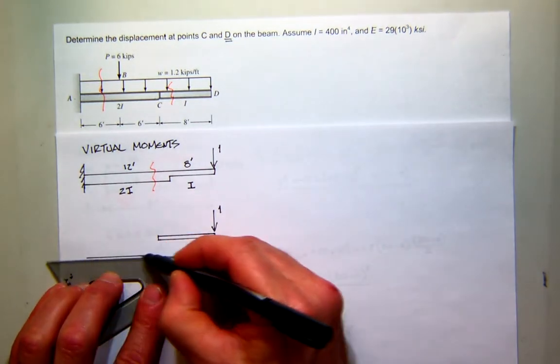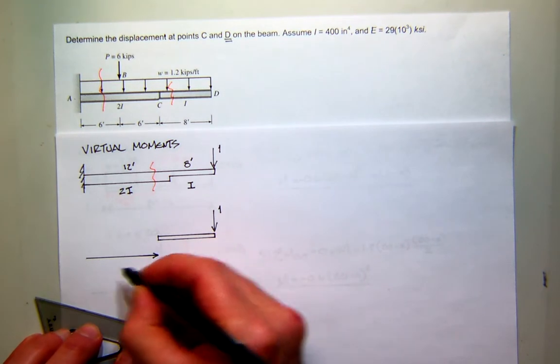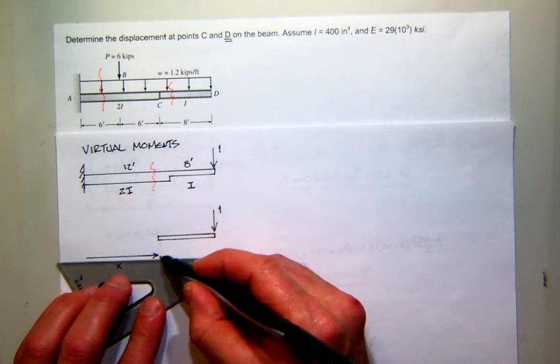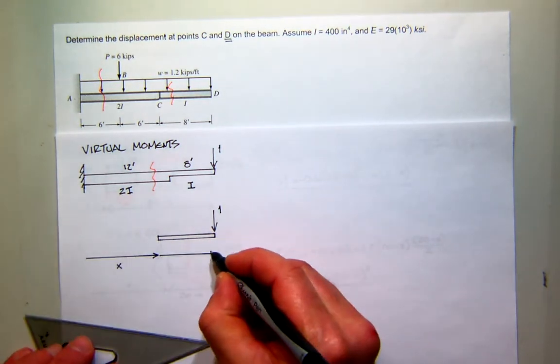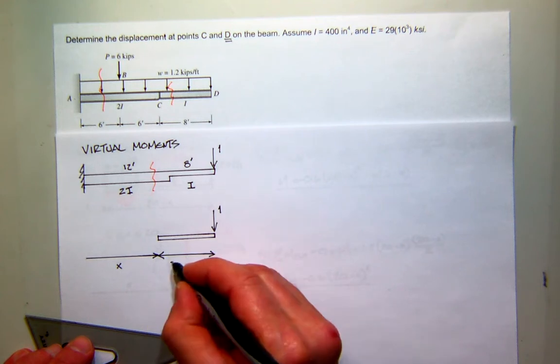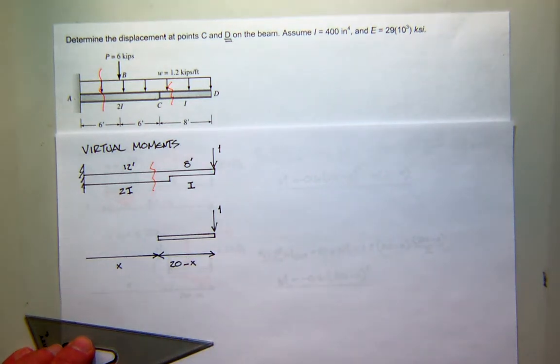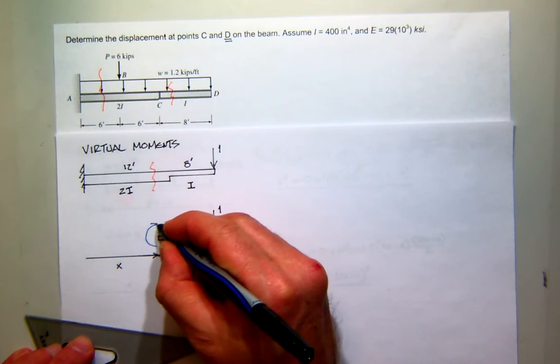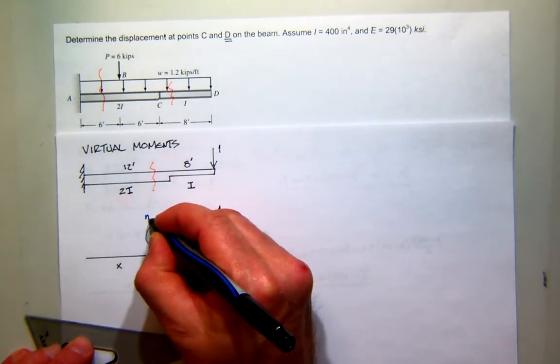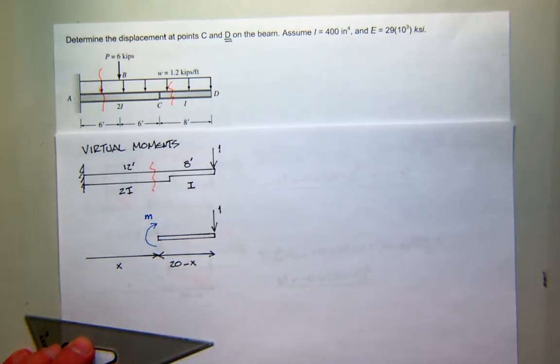And again, we'll measure out to the cut surface. That's our x. And then the remaining piece for any value of x would be the total length 20 minus that. And then I have my internal moment. Now remember, for virtual moment we use the lowercase symbol for m.